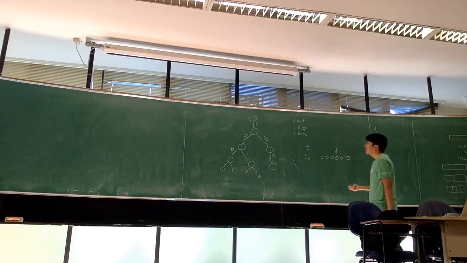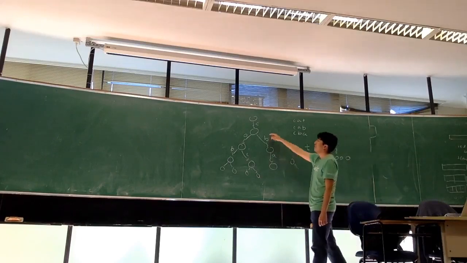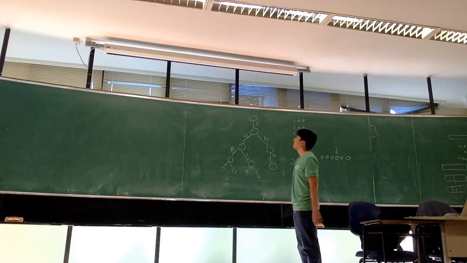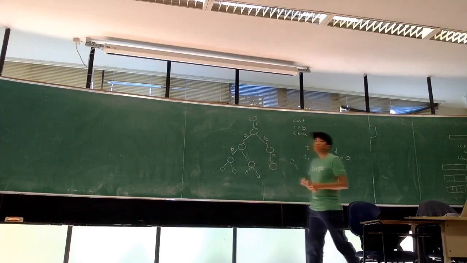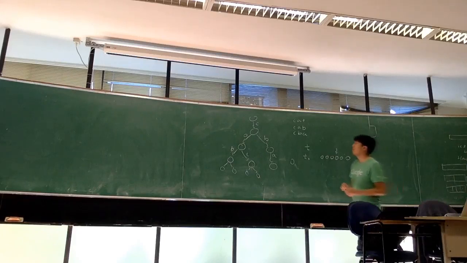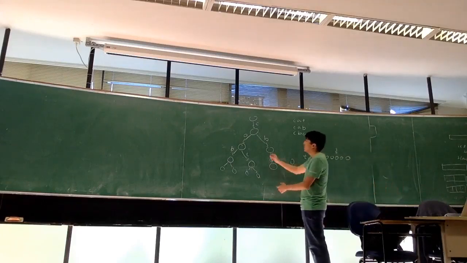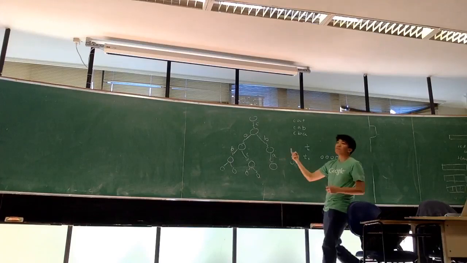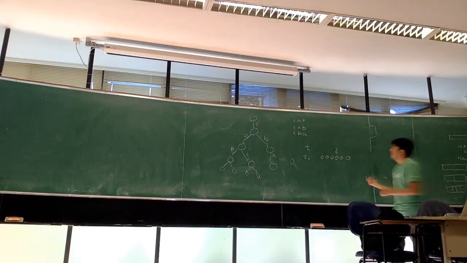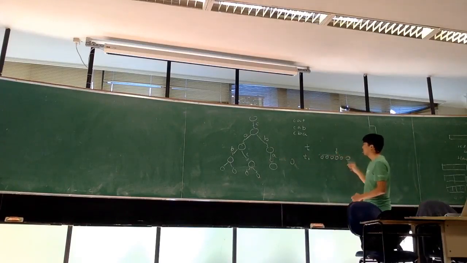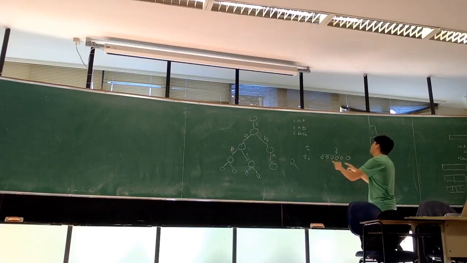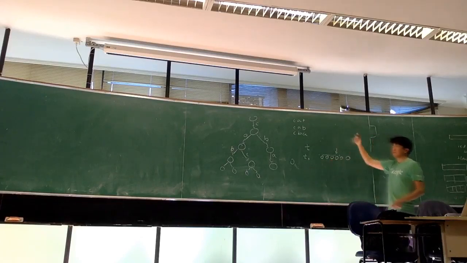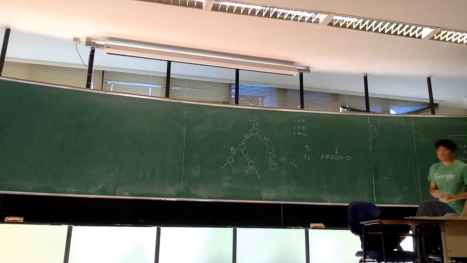So for each node in the trie, calculate the hash of the prefix it corresponds to. Now you can map each hash to a node in the trie. And in order to check whether a given prefix belongs to the trie, calculate the hash of this prefix and check whether it belongs to this set of hashes in the trie.